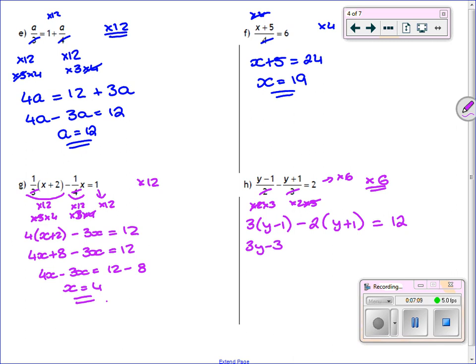Then we have minus 2 bracket y plus 1. So remember, this is the devious and evil hidden negative here. So minus 2 times y would be minus 2y, but it's minus 2 times 1, which is minus 2, is equal to 12.